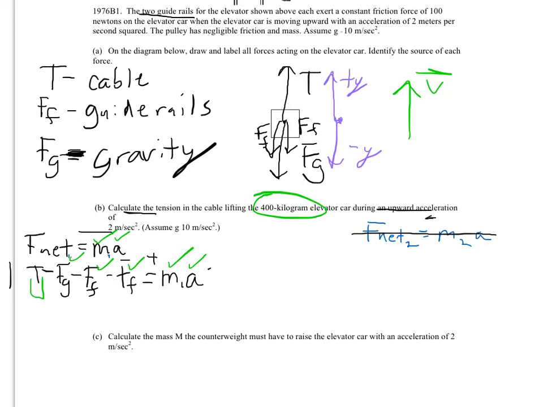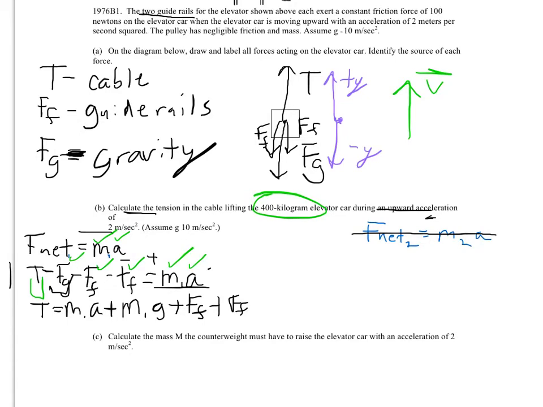I'm going to do two things. I'm going to change Fg to Mg, and I'm going to move everything that's not tension to one side of the equation. So I'm going to add Fg and FF and FF. So I get tension equals mass 1 times a, plus Fg, which I'm going to turn into M1g, plus FF plus FF.